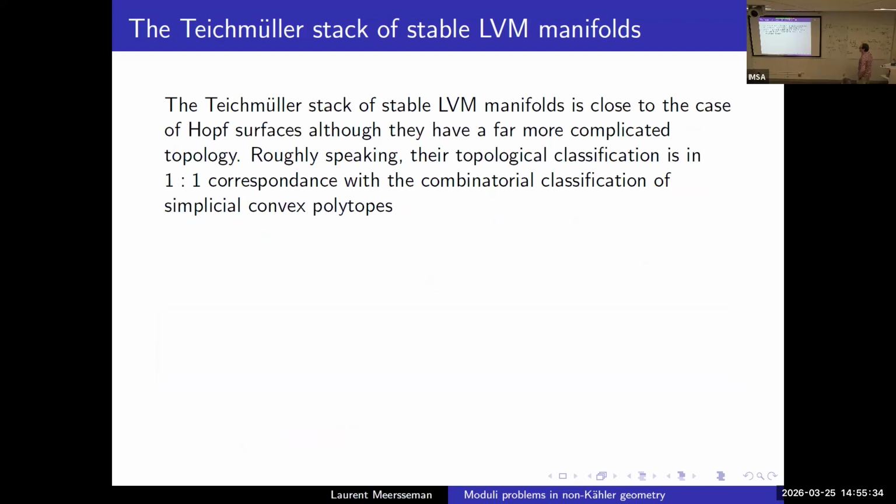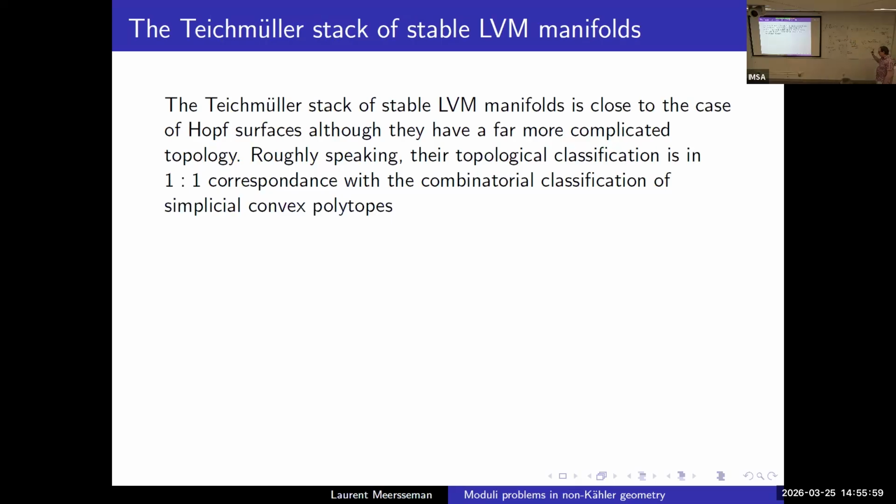So I have to warn you, because if I say that, you will say, okay, that's just a small generalization of Hopf surfaces. But one of the main features of the LVM manifolds, and it is still true for the stable ones, is that they have a very complicated topology. So they can have arbitrary amounts of torsion in their cohomology algebra.